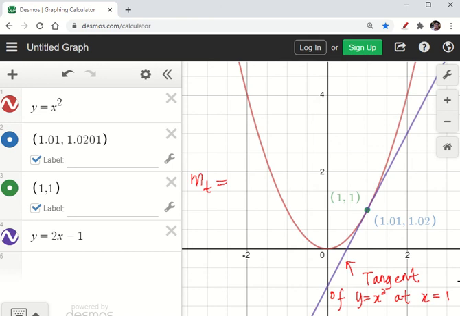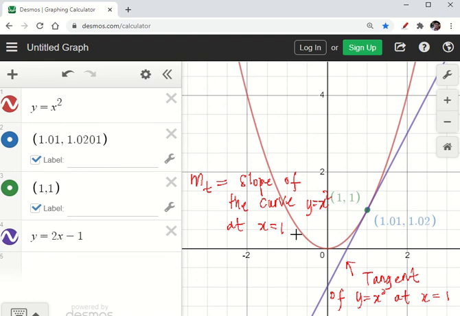So the slope of the tangent is actually the slope of the curve y equals to x squared at x equals to 1. The slope of the tangent is the slope of the curve at a certain point.